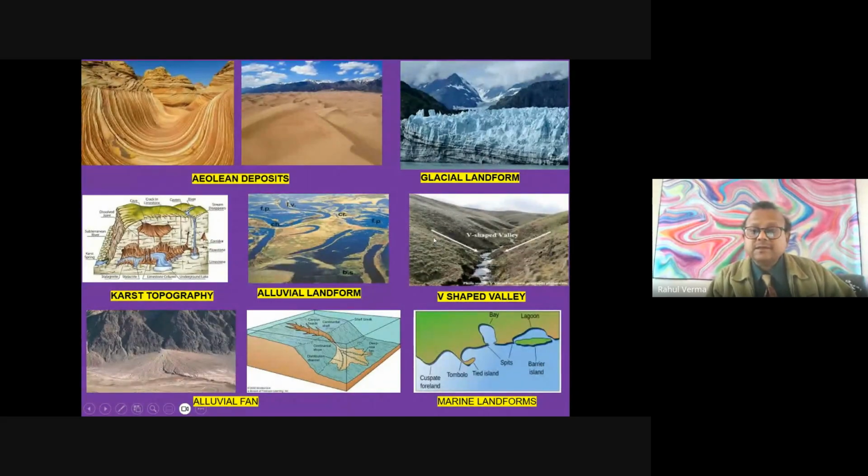And this is interesting, a V-shaped valley. Actually, this is the form developed by the action of river water. River water always digs downward, so that's why you get the narrowing of the valley and it gets a V shape.